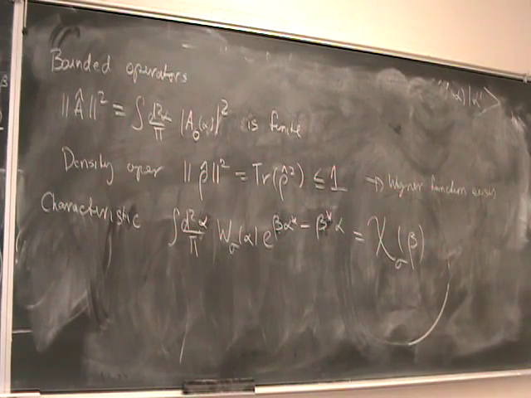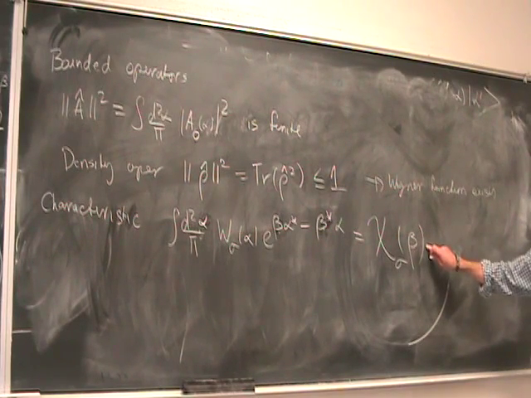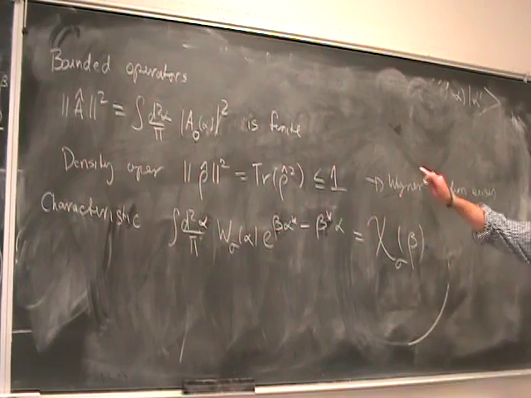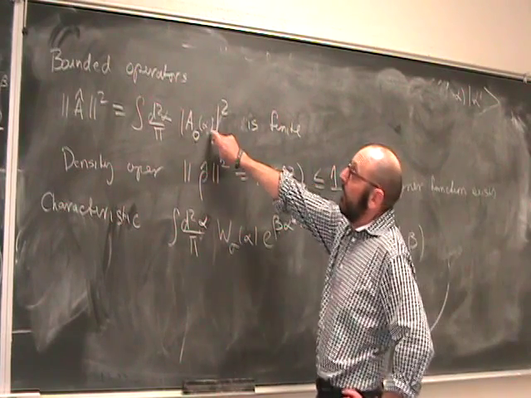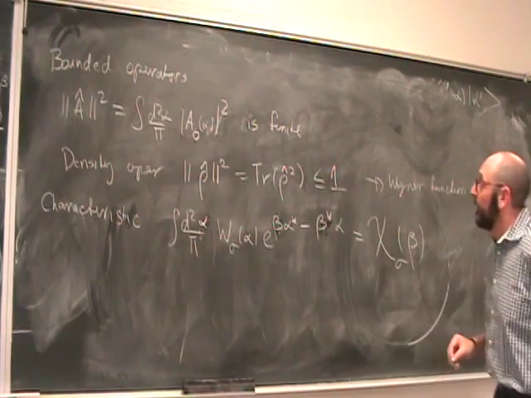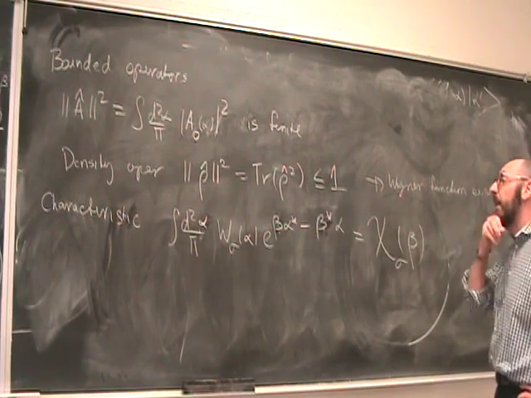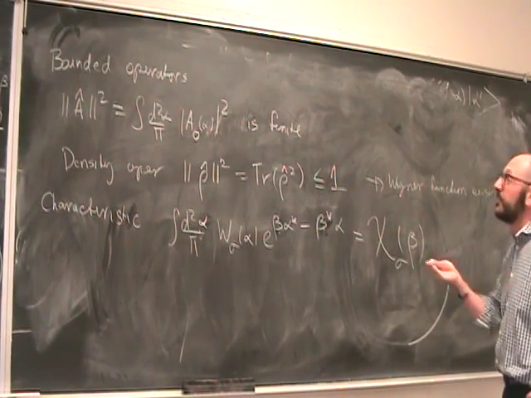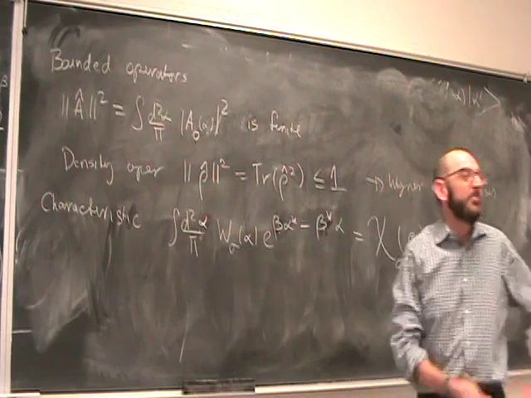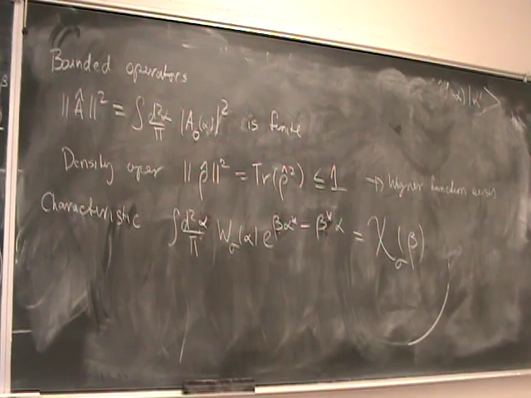And the characteristic function itself is another way of expressing the inner product. That is to say, and I probably get the factors of pi wrong here because the Wigner function has this absorbed factor of pi in it.